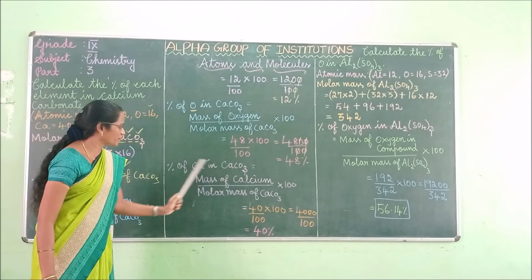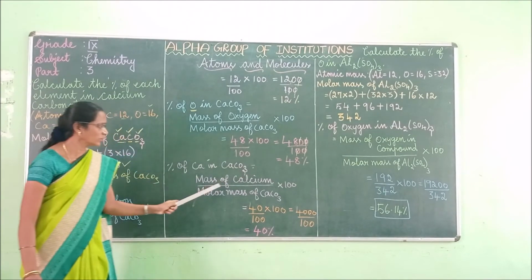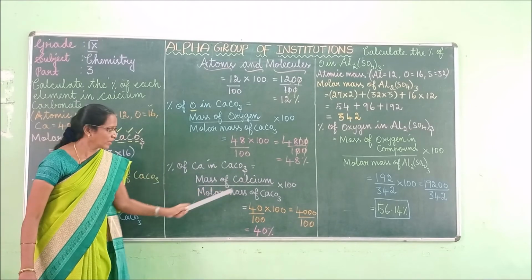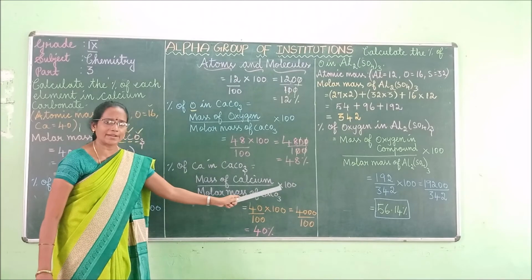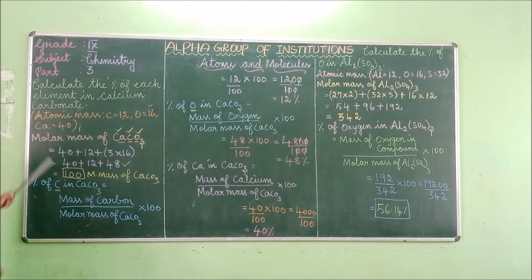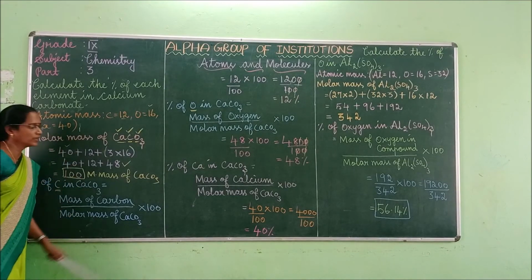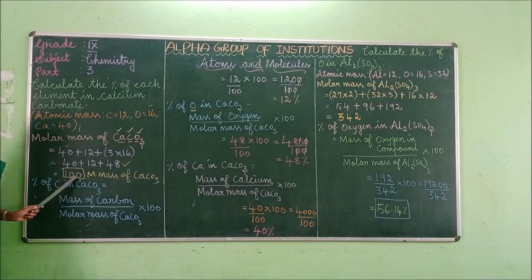Percentage of calcium in calcium carbonate is equal to mass of calcium by molar mass of calcium carbonate into 100. What is the mass of calcium? The mass of calcium is 40. 40 divided by the molar mass of calcium carbonate, it is 100.